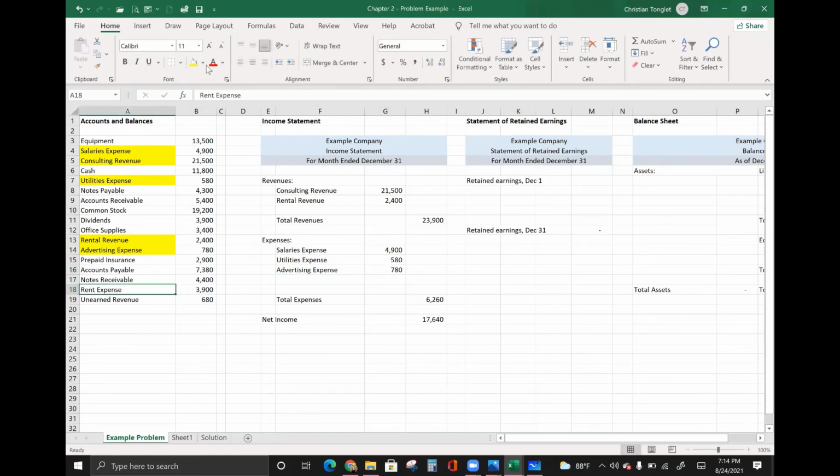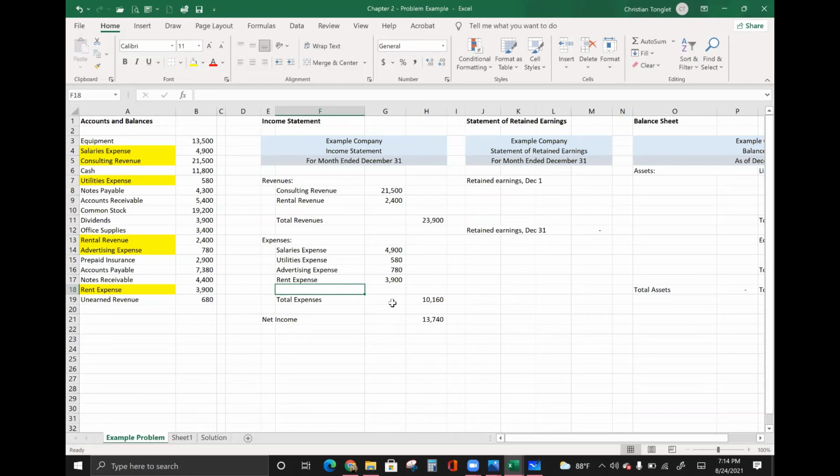Rent expense. Okay, so now I have all my income and all my expenses.